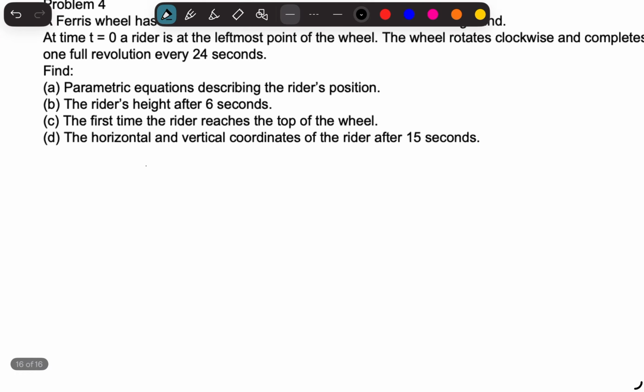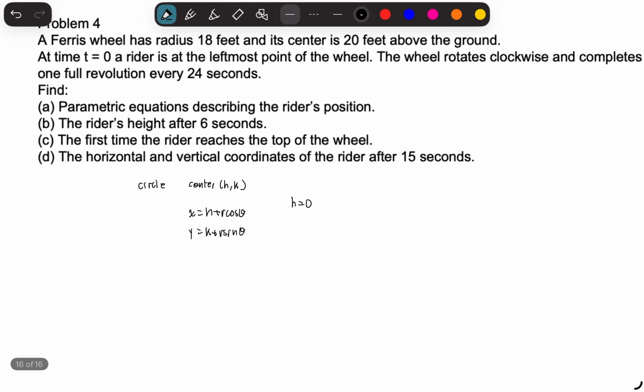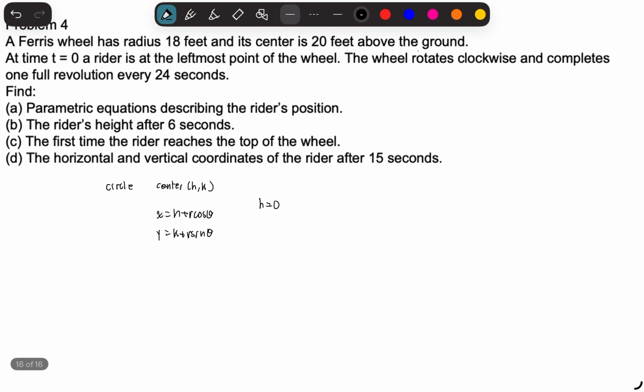So when you have a circle and a center, that's going to be (h, k): x is going to be h plus r cosine theta, y is equal to k plus r sine of theta. Here our h is equal to 0 because it's on the ground, our k is equal to 20 because it's 20 feet above the ground, and our r is equal to 18.